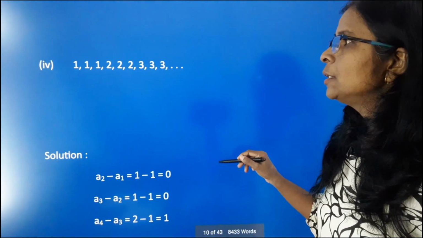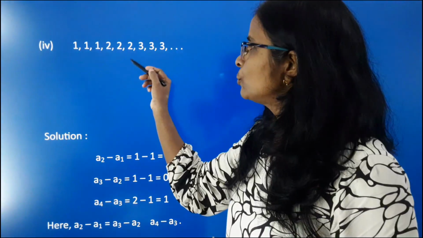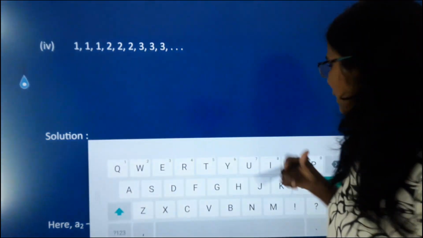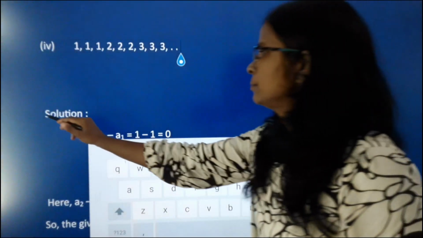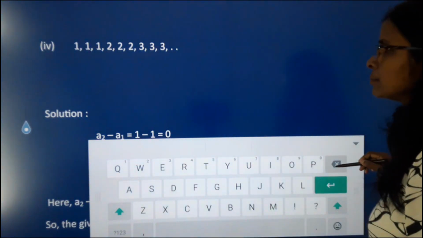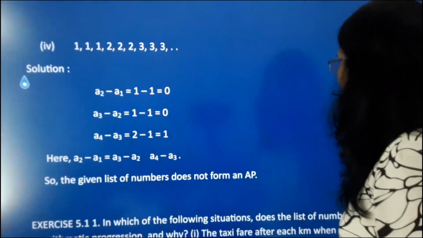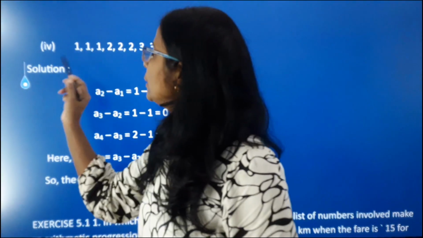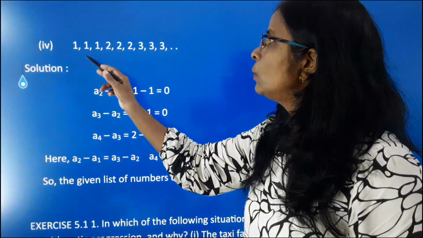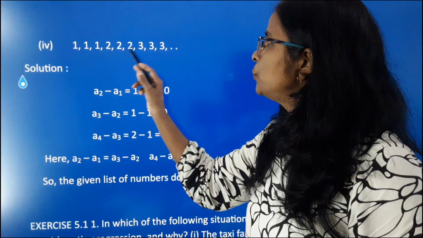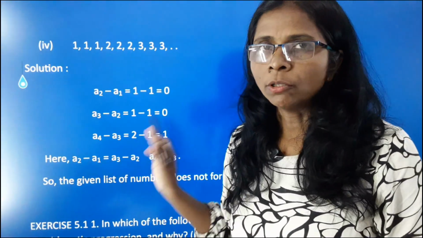Then see the fourth example: 1, 1, 1, 2, 2, 2, 3, 3, 3, and so on.